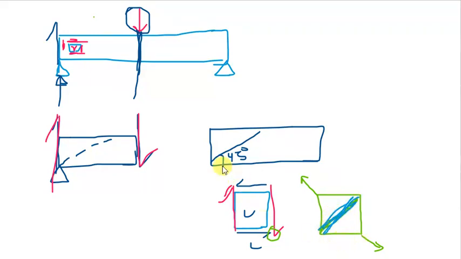Hence the idea of 45 degrees crack in flexural members. Well, I think that is good enough. That is the basic idea in beams.